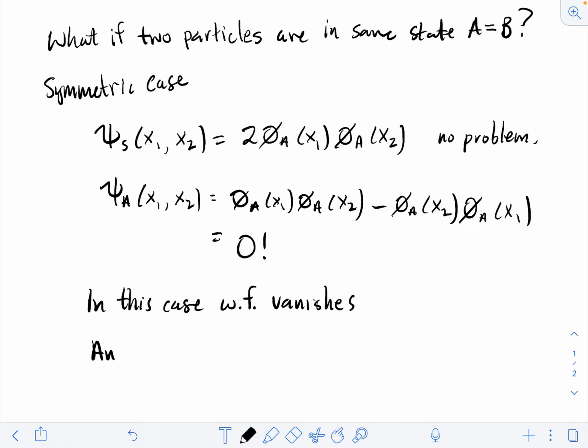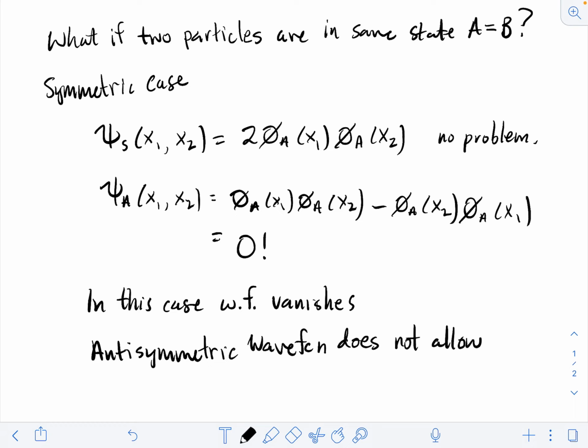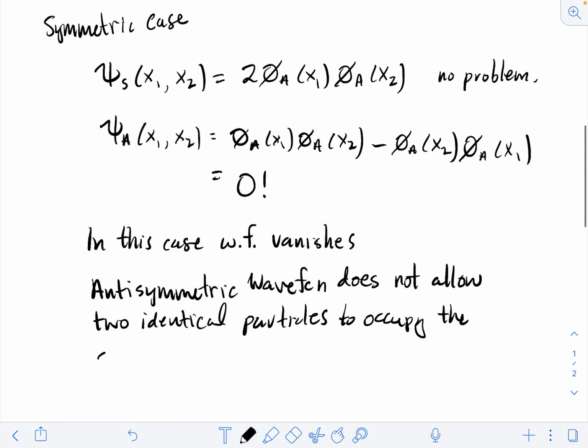So the anti-symmetric wave function does not allow two identical particles to occupy the same quantum state.